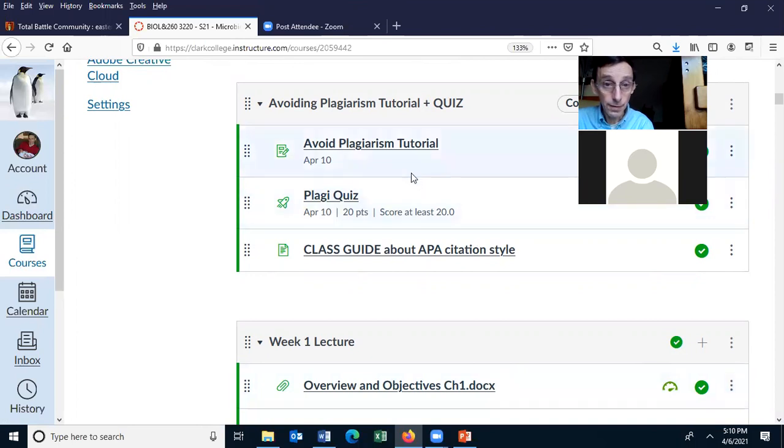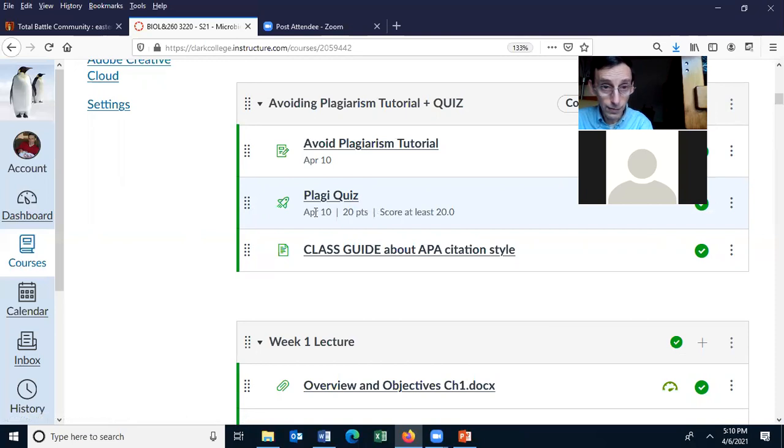I sent out a note that you should notice on the schedule: you have to take the plagiarism tutorial and the plagiarism quiz by the end of this week. This quiz is worth 20 points. You must score 100% on this quiz or you will get a 0 on the infectious disease project, which is worth 100 points.